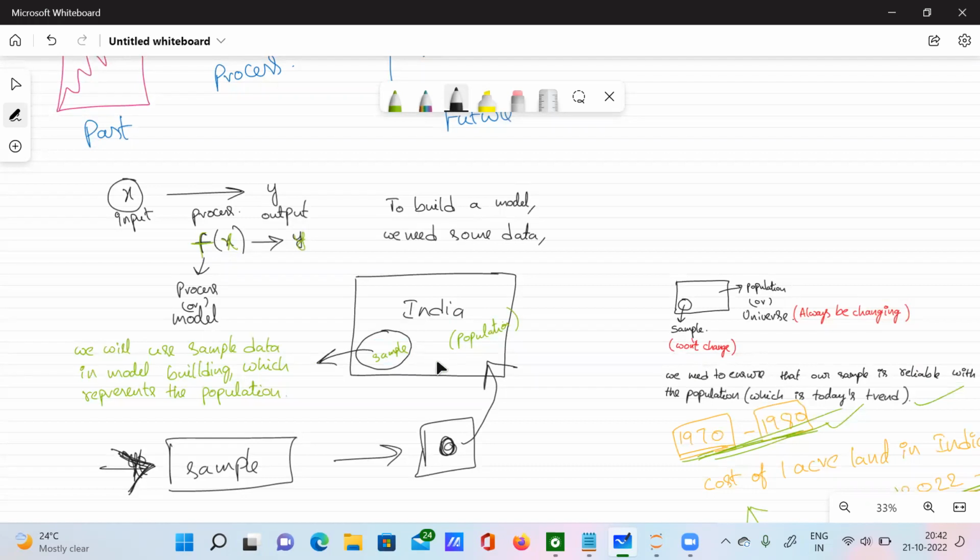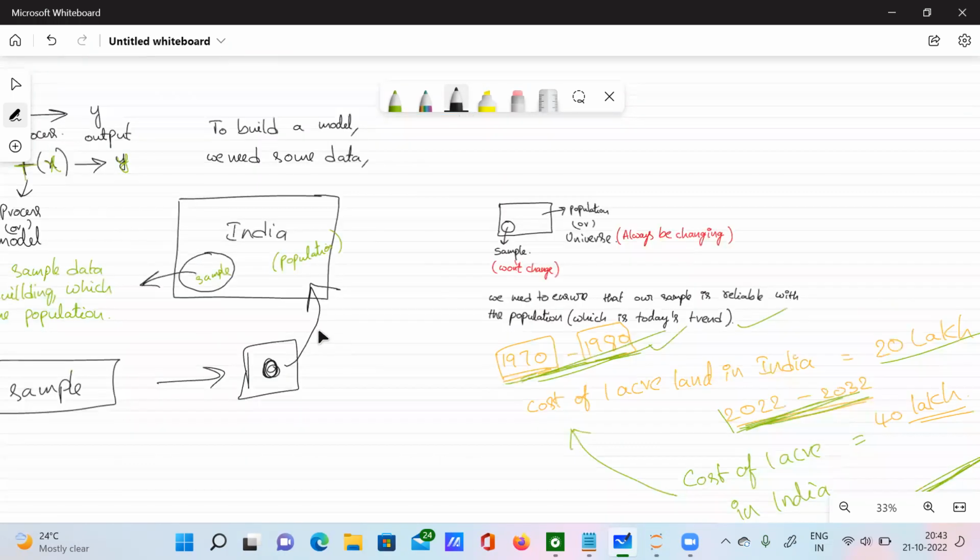So instead of going for the population, we'll just consider the sample as our data for this, right? If you want to build any kind of model here, you would definitely need some data, which is the sample data here.